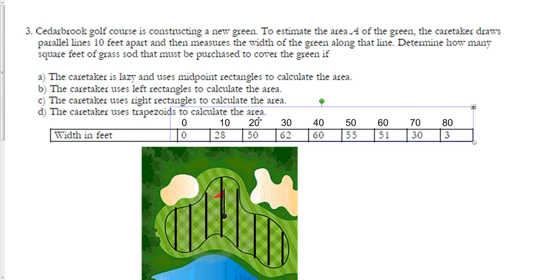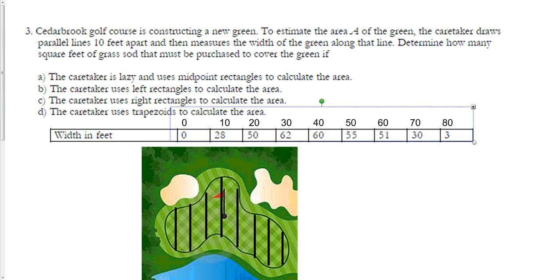If I choose 0 to 20 feet as being my first interval, I do have the value of the function at the midpoint, so I can take midpoint rectangles with a width of 20. So in our midpoint estimate, the rectangles are going to be 20 wide because I have the value of the function at the midpoint every 10 feet.